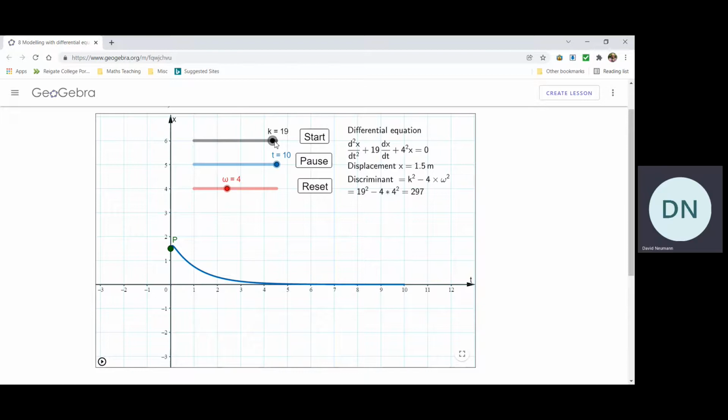So that's where we would have two separate real roots to our auxiliary equation, and we have a e to the minus something times t plus b e to the minus something else times t.